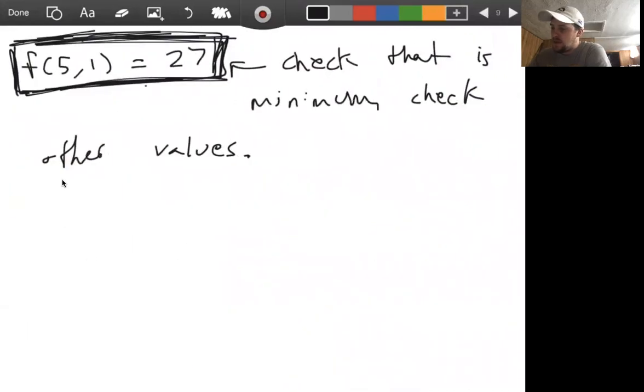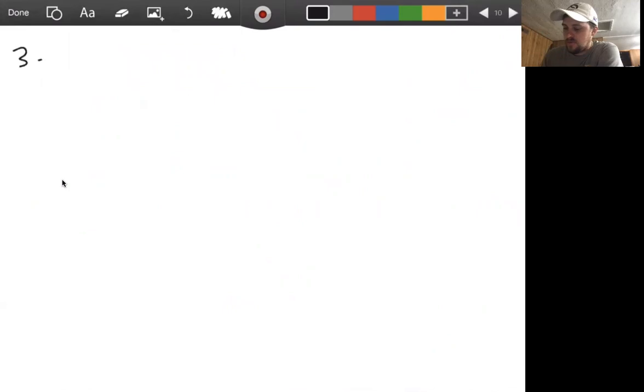And so we can have examples in more variables as well, right? Let's look at a 3-variable example.